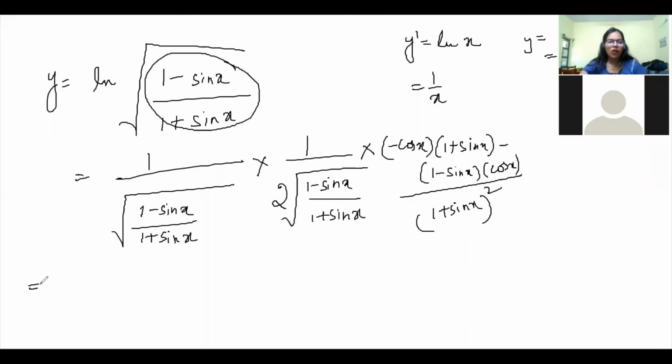So now if you solve all these things, at the end, since the space is becoming less, what I would like you to do is just solve this thing, and at the end you should get minus 6x. So that is going to be your answer. If you're not able to solve it, just let me know, but this is how you're going to do it. Okay, so let's move on to the next.